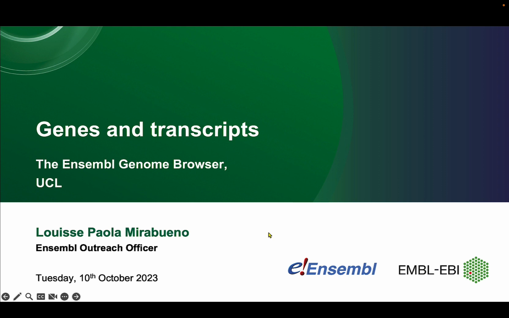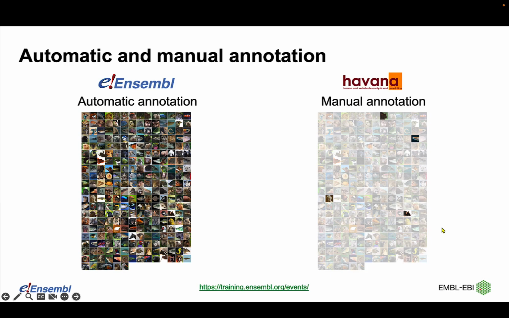Okay, next I want to talk about how we annotate genes and transcripts in Ensembl. So genomes that are annotated with genes are referred to as gene builds. And this is a term that you will come across quite often when you work with genome browsers. There are two independent annotation methods that we use in Ensembl, but both rely on valid biological experimental data.